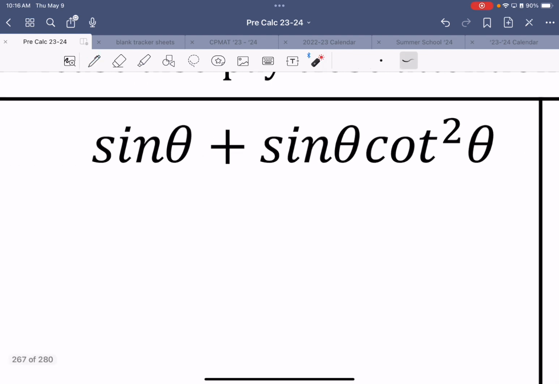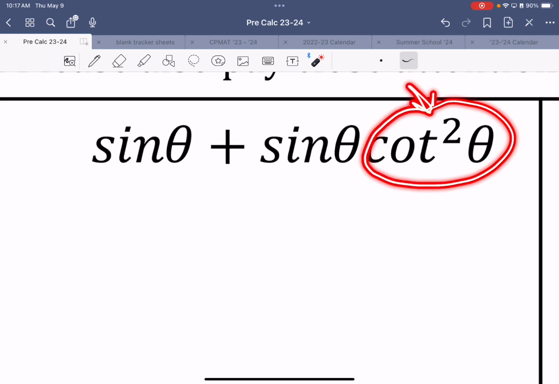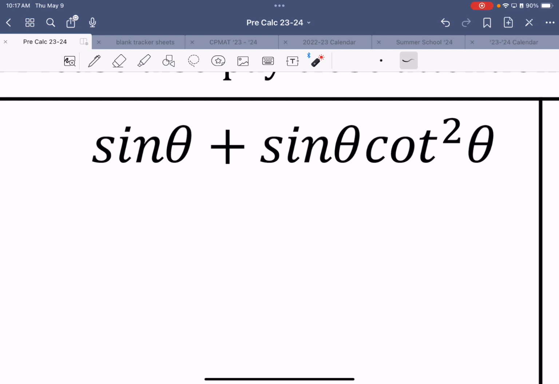I know I'm going to use a Pythagorean identity because I have a plus sign and something squared. What I'm going to do now is see if I can make it look anything like what I have here. I can only use these if what I have on my paper matches the green sheet. So I look and see what I have squared. I see I have a cotangent squared. So looking at your green sheet, if I have cotangent squared, am I going to use P1, P2, or P3?